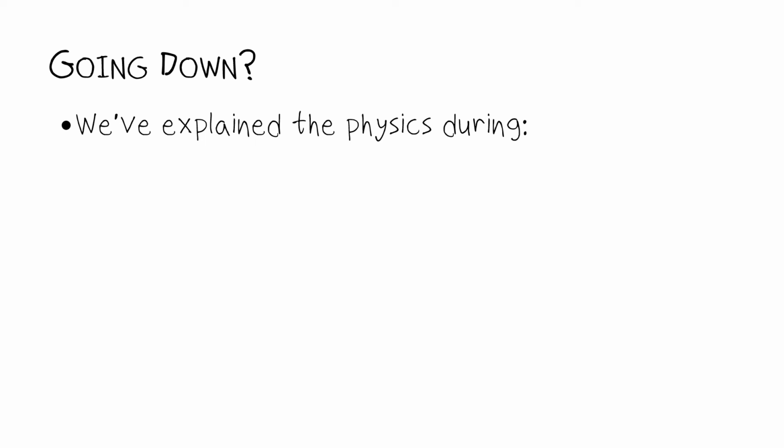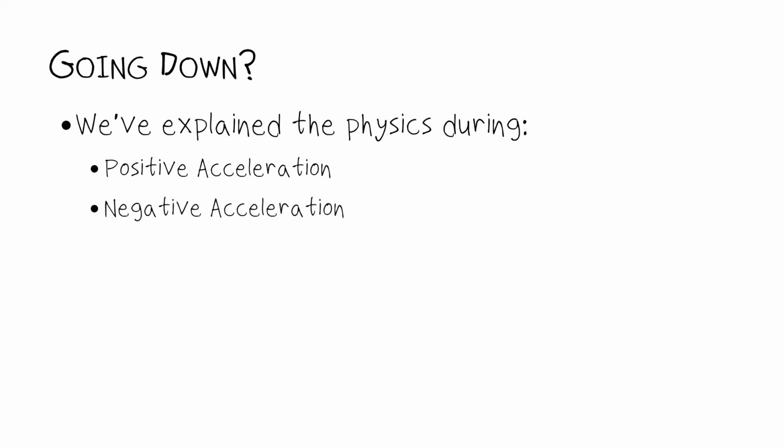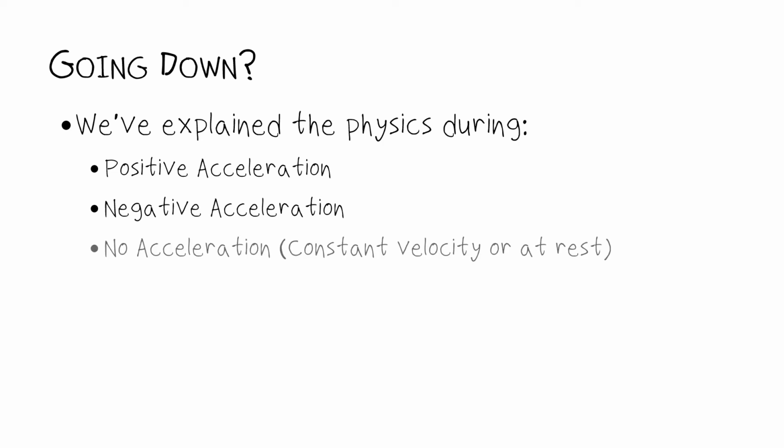But I've given you all the tools you're going to need in case, say, your teacher asks you to do that. Because we've talked about how you feel and what happens when there's a positive acceleration. We've talked about how you feel and what happens when there's a negative acceleration. And we've talked repeatedly about how you feel when there's no acceleration, whether you're moving with a constant velocity or whether you're at rest.